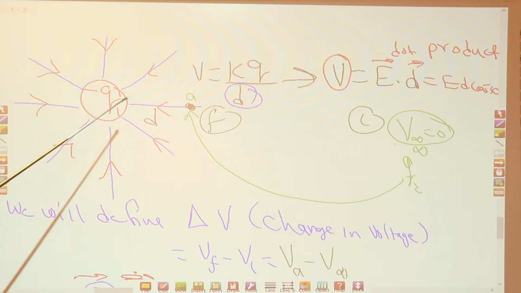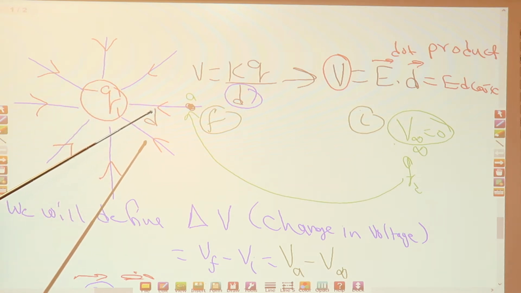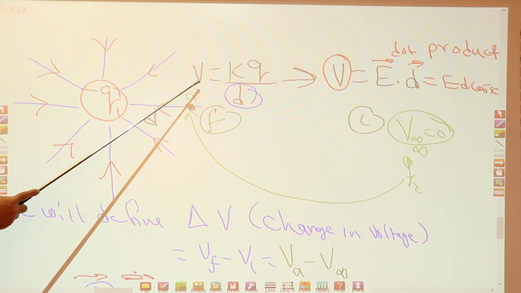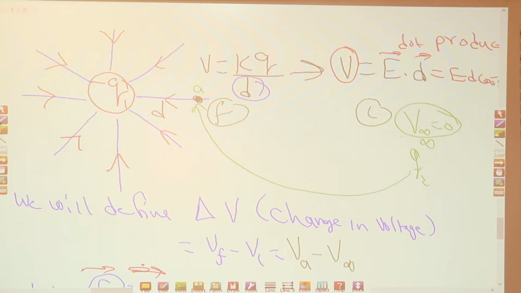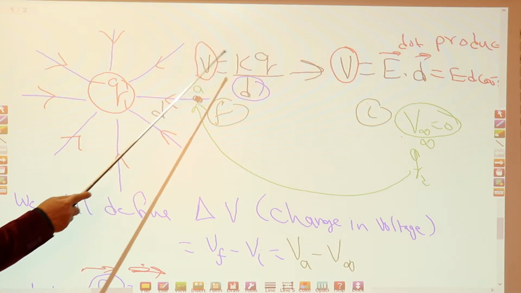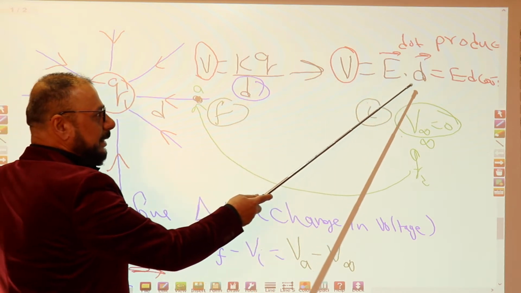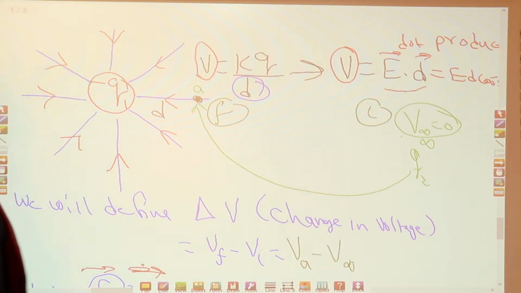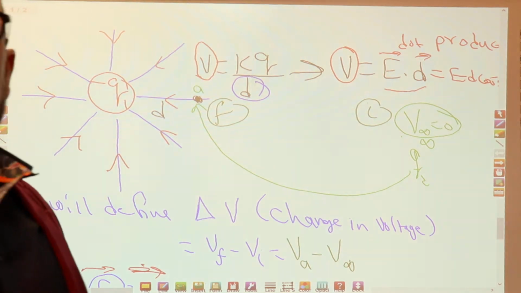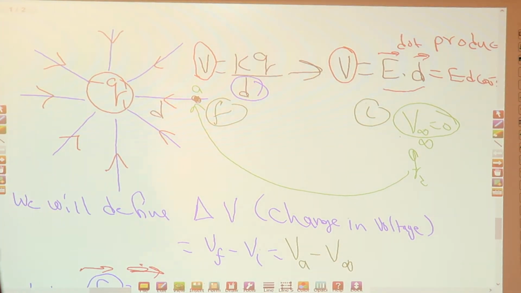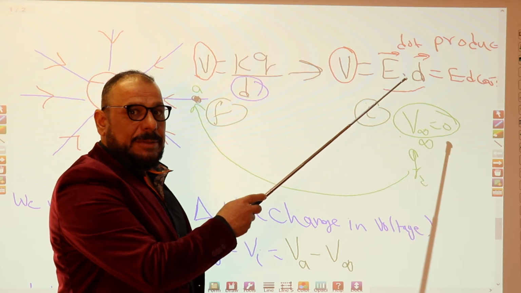there's a charge, this negative charge, and this charge has electric field lines, has an electric field at any point, and also has an electric potential. The electric potential, if you didn't watch my video last time, my potential V involved KQ over D. Then we said V equal E times D, E dot D, right?